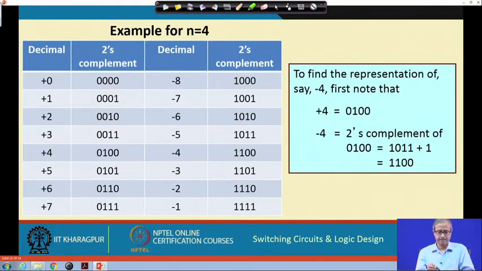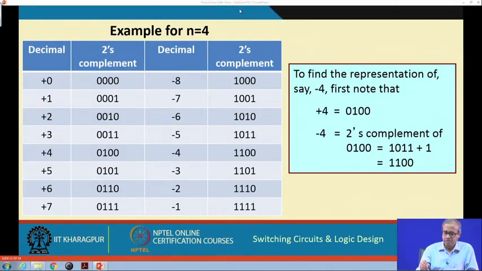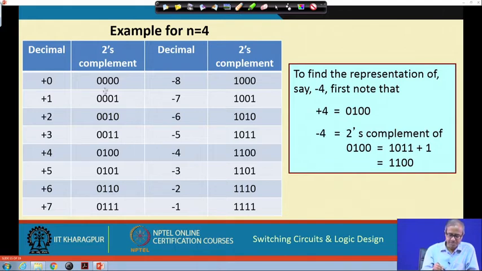Let us see how the representation works, again with an example for n equal to 4. For the positive numbers it is the same as sign magnitude or 1's complement form, no difference, but for negative numbers there is a difference. Let us again take the example of minus 4. Plus 4 is 0 1 0 0. When you want to represent minus 4, we have to take the 2's complement of plus 4. 0 1 0 0 was plus 4.